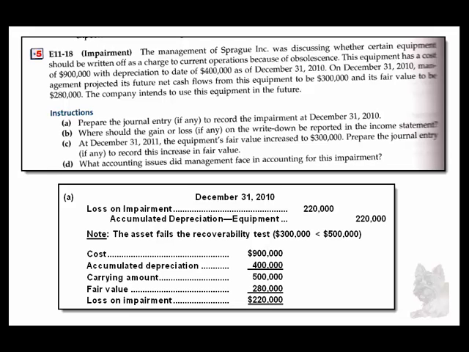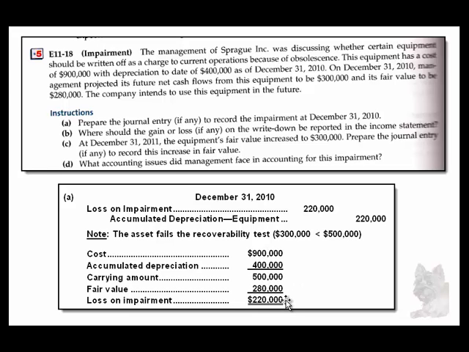Well, we compared a $300,000 value to $500,000, the current book value. So, cost is $900,000. Accumulated depreciation was $400,000, just to the left of my mouse here. So we had a book value or carrying value of $500,000, and management says the fair value of the future net cash flows from the equipment is $280,000.